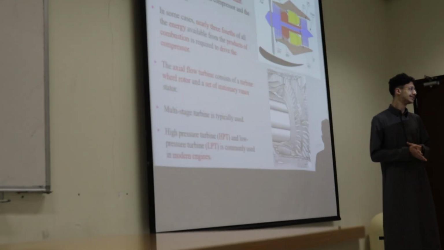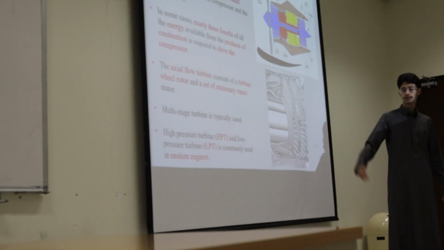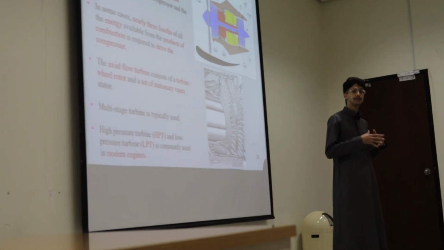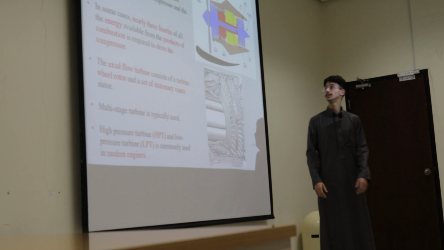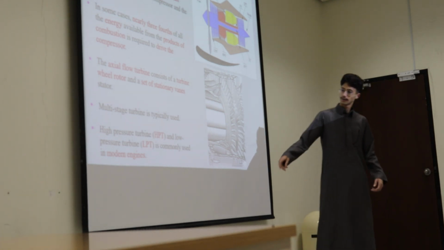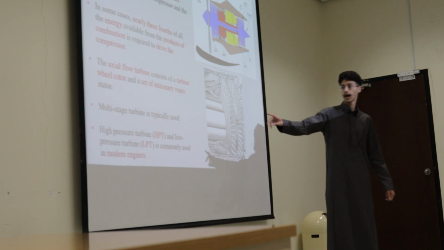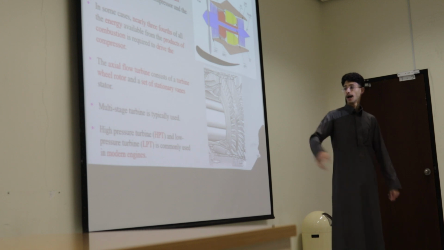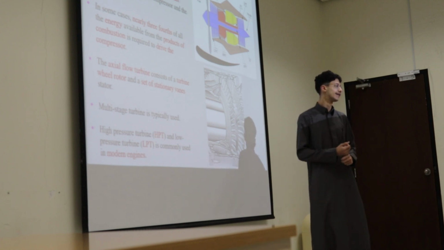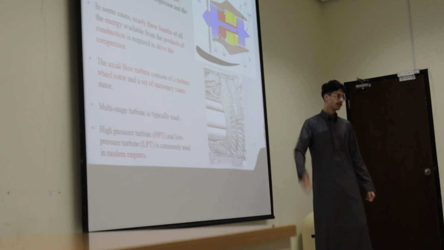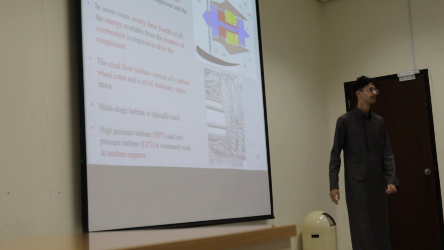Modern engines now use a multi-stage turbine, which means multiple sets of rotors and stators work together to extract energy from the gas. The turbine has two parts: the high pressure turbine, which drives the high pressure compressor, and the low pressure turbine, which drives the low pressure compressor and, in a turbofan, the fan as well. Now I leave you with Haytham to complete.